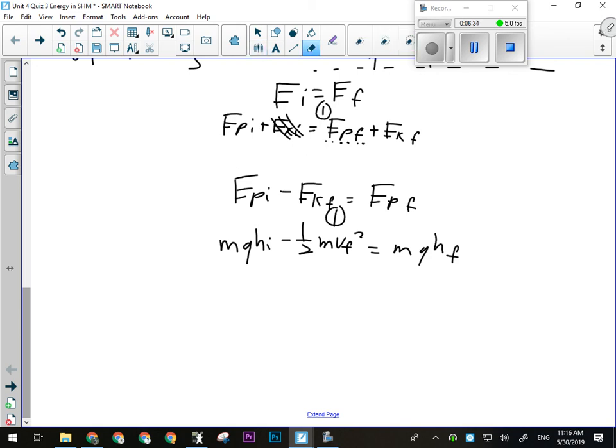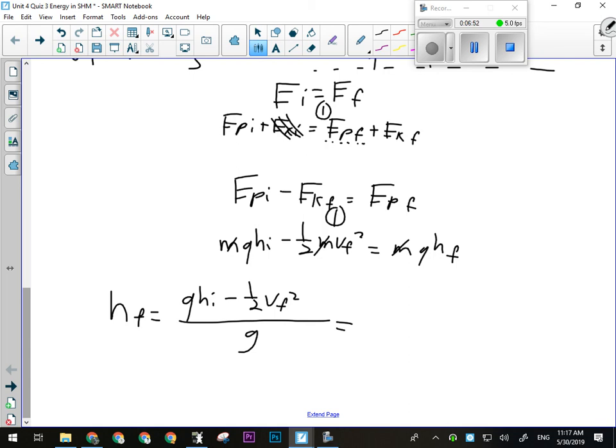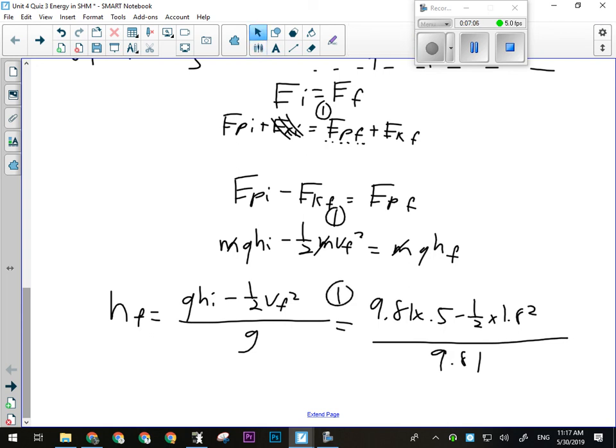So m's going to go away, and then I'm going to move g over to get h final by itself. So what I'll be left with is that h final equals g times h initial minus 1/2 v f squared, divided by g. Numbers plugged in, that's 9.81 times 0.5 minus 1/2 times 1.8 squared, divided by 9.81. 1 mark if they've got something like that.